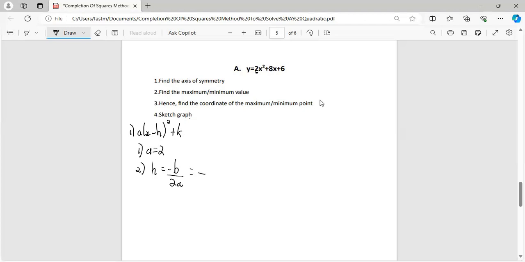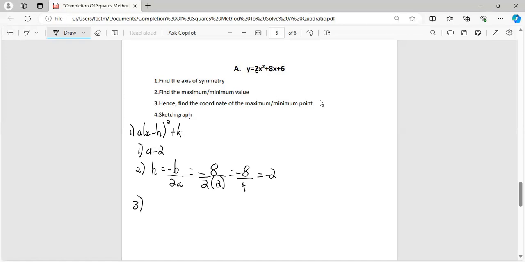Yeah, remember it's ax squared plus bx plus c. So the coefficient of x squared is a, the coefficient of x is b, and c is just the constant, right? c is the one without a letter by it, right? So in this case, b is 8, so it'll be minus b on 2a, and a is 2, right? So you'll end up with minus 8 on 4, which is minus 2.